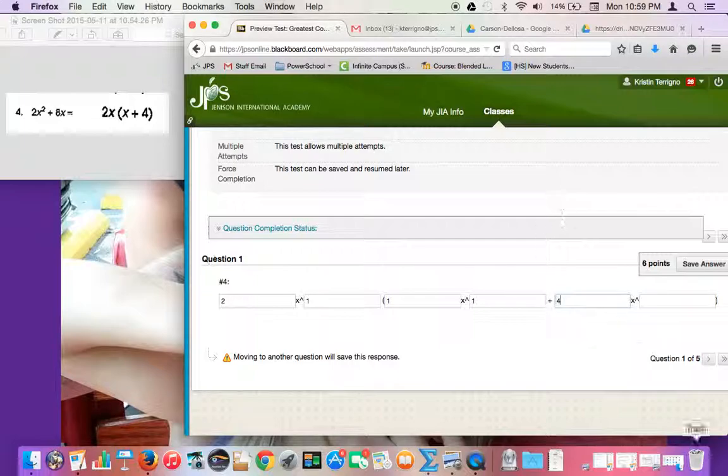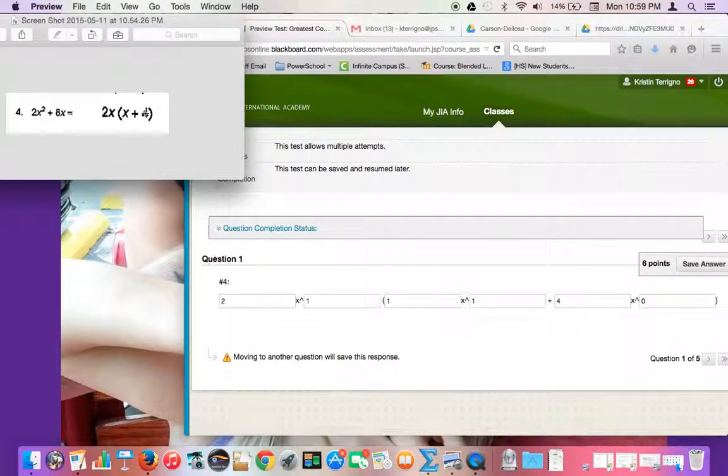So if you want to say, hey, wait a minute, there shouldn't be an x there at all, then you put in an exponent of 0. That's your way of saying there's no x on this 4 at all. This term right here should not have an x on it, so I put in a 0 there to show that there are no x's on that 4.